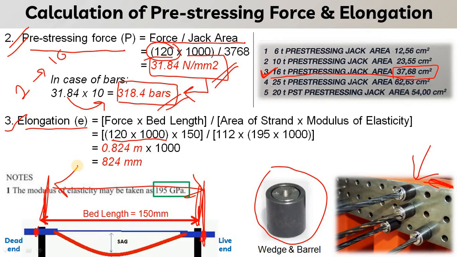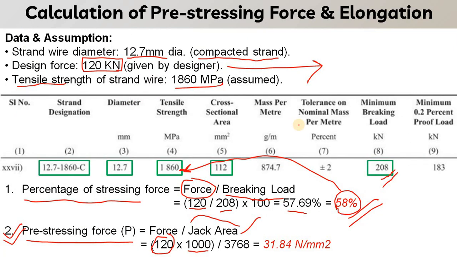Here we have the bed length of 150, so we have considered bed length as 150 meter, divided by area of this strand. Let us come to the table in which we are using this particular type of strand, and we have the area of strand as 112 mm square.